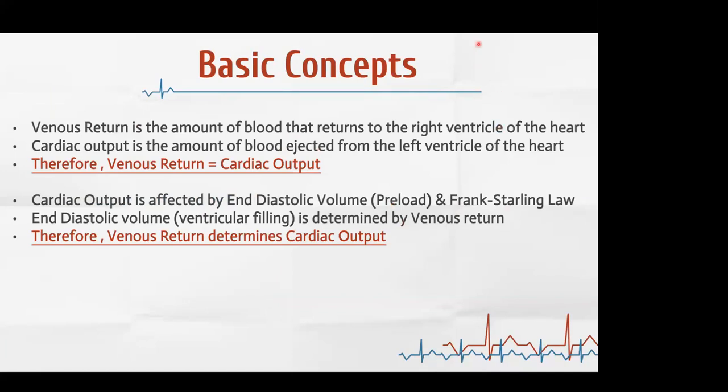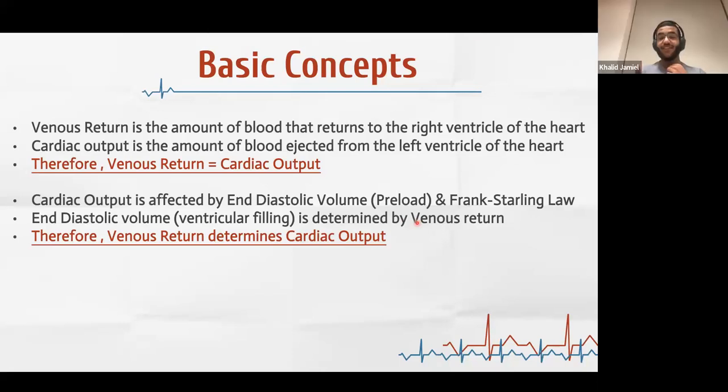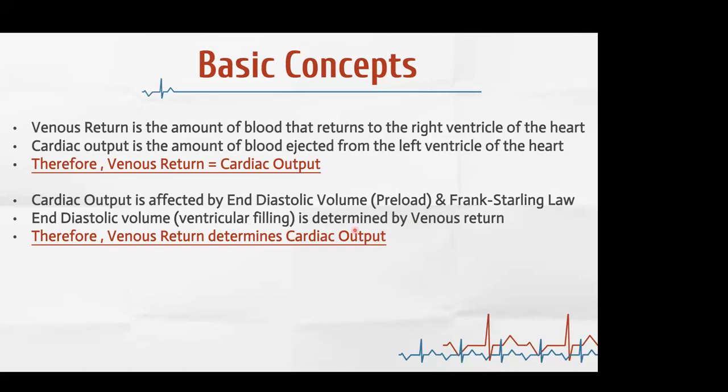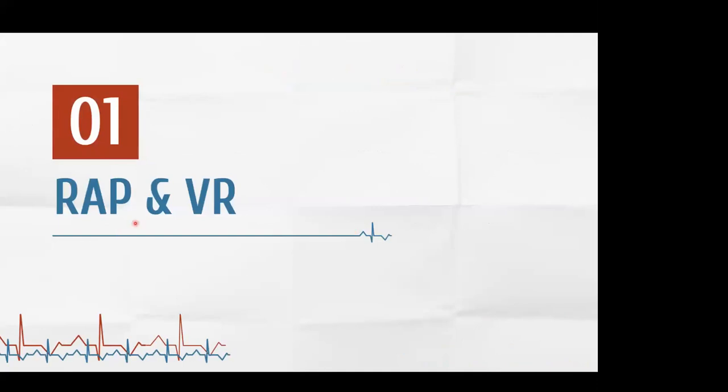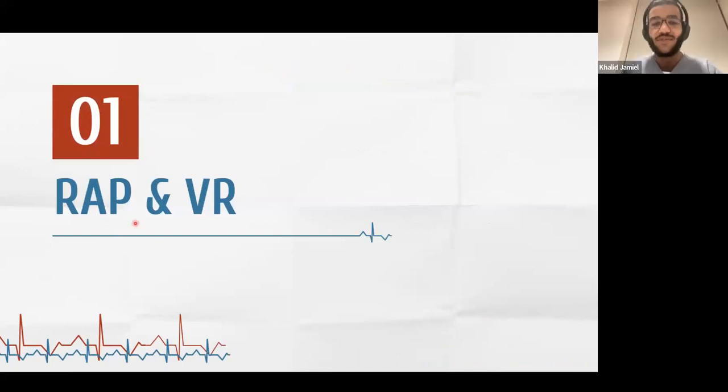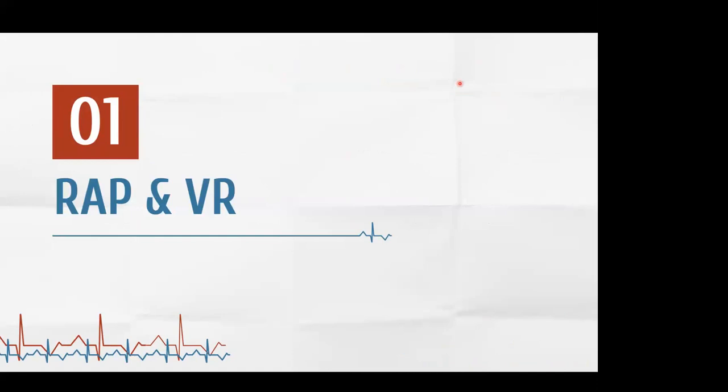The more blood we have in the heart, the more we're going to have stretching, and the more we stretch, the more strength we're going to contract with. Stronger contraction, basically, right? Yes, stronger contraction, exactly. Now let's get into the first objective.